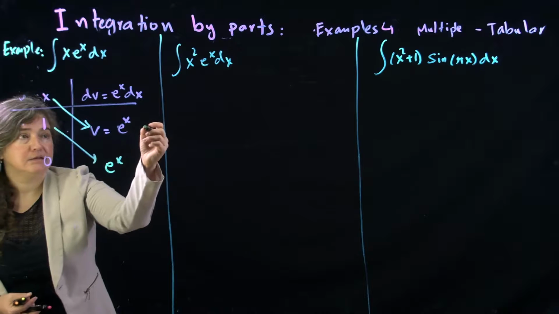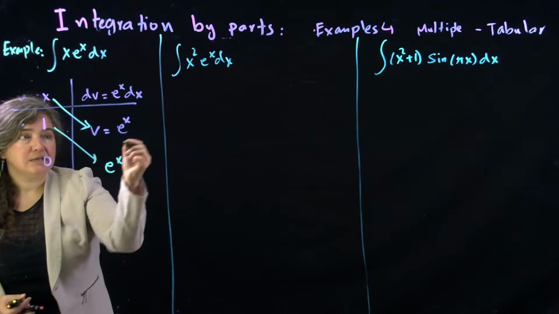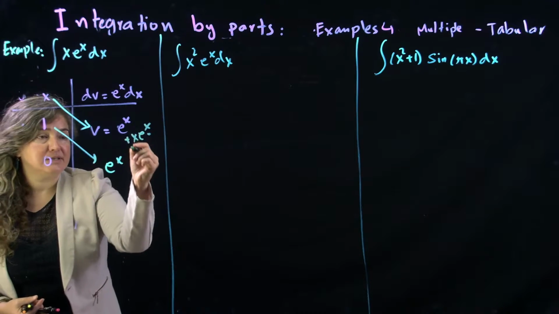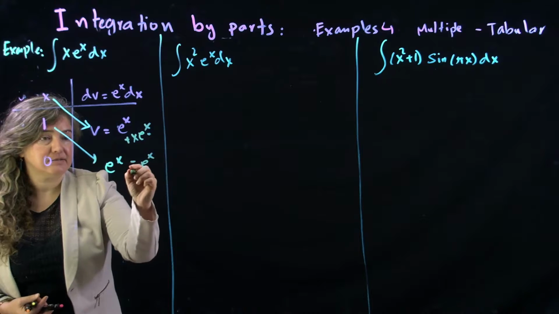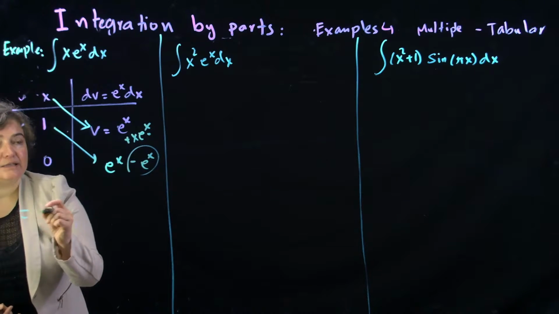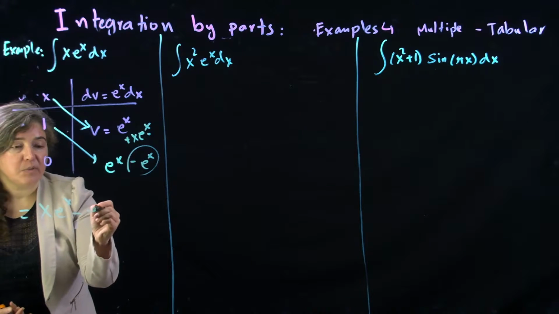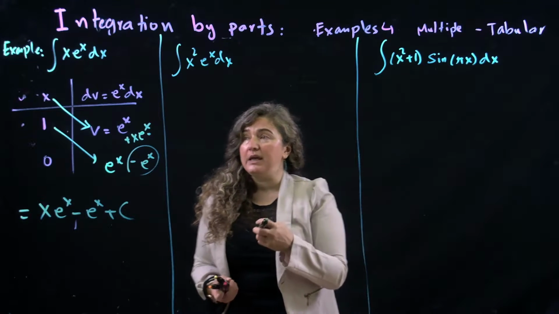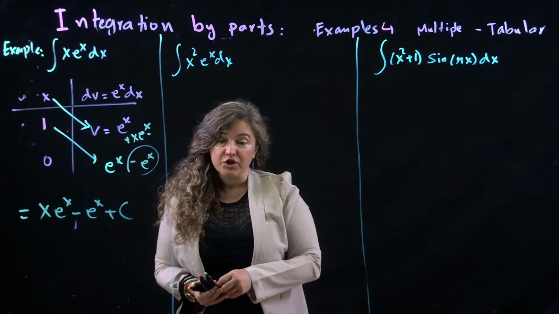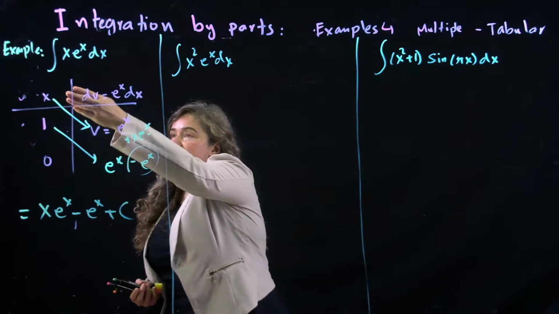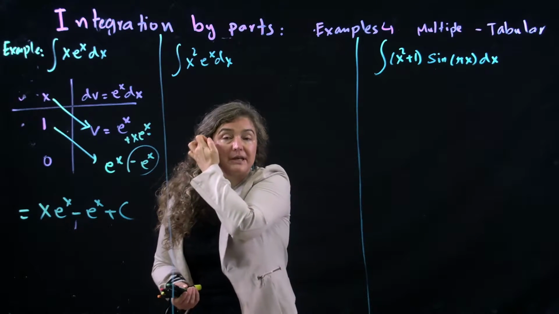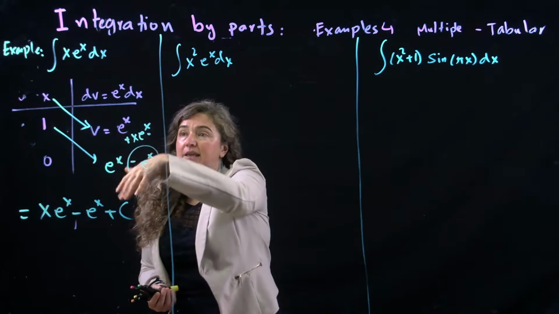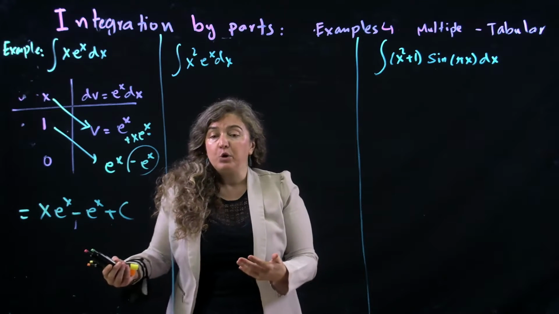I get this one, x times e to the x, and this one plus this one is minus e to the x, because you're subtracting, and the answer is x e to the x minus e to the x plus c. So even with one integration by parts, if you have this vanishing term, if you have a polynomial that you will choose as u, then there is a way to make it in the format of tabular.